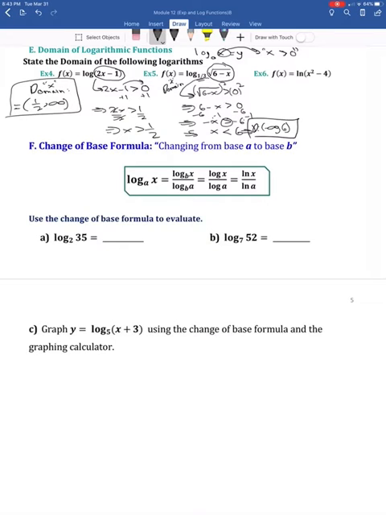Now example 6, we've got our logarithm base e, natural log of x squared minus 4. So we've got to find out when x squared minus 4 is greater than 0 to find the domain. As we solve that for x, looking at this quadratic, this is a polynomial inequality. So we can go ahead and look at finding the solutions to the related equation, right?